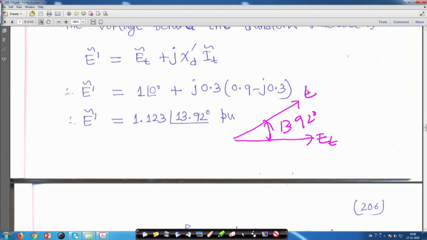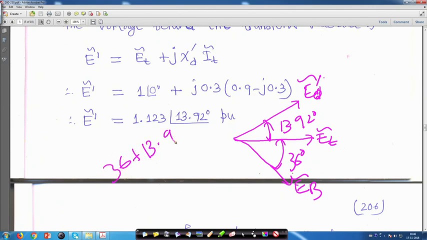This is my E dash tilde, and this is my E t, and as E t has been taken as reference, this is my E b, and this angle is 36 degree, right. Therefore, this E dash tilde leads E b by 36 plus 13.92 degree, so that means 49.92 degree. I hope it is understandable to you, right.